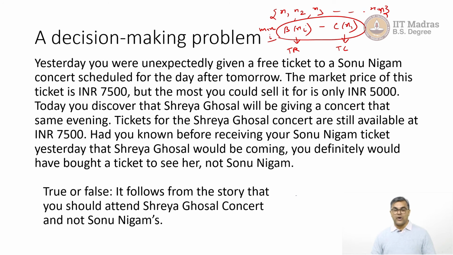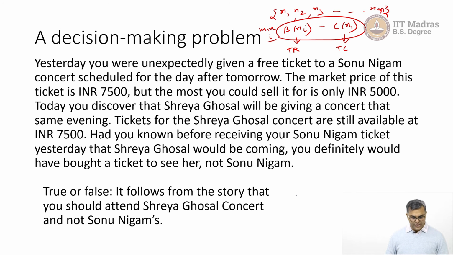And of course, there is one difference that you should keep in mind, I will emphasize it later also, that a buyer's happiness cannot be measured in monetary terms all the time. Of course, it can be converted into monetary terms, but my happiness is my happiness, it cannot be compared with your happiness. But a seller's profit can be compared with other sellers' profit. So, that is an important difference and we will talk about it later, but as of now let us try to do this decision making problem.